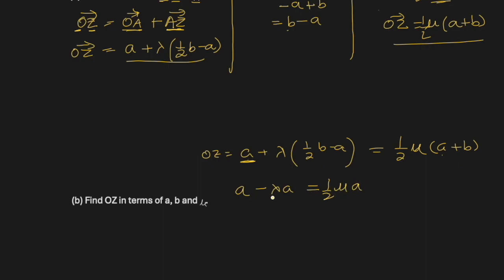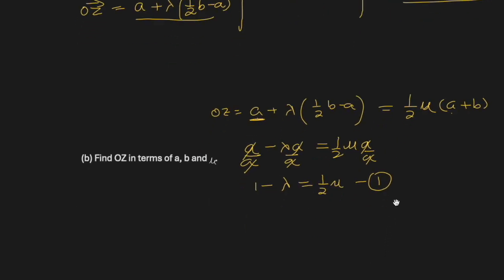Only A can be converted into the direction of A by multiplying some scalar numbers, and these are real numbers, lambda and mu, so we can write that. If I divide all of them by A, I can get rid of A. I'll be left only with lambda and mu. So what will that be then? 1 minus lambda equal to half mu. This becomes an equation only with scalars.